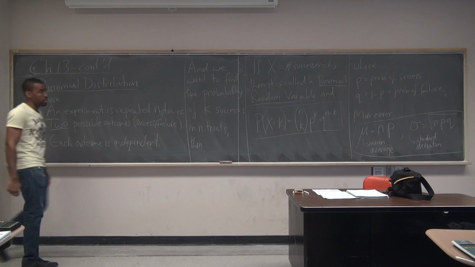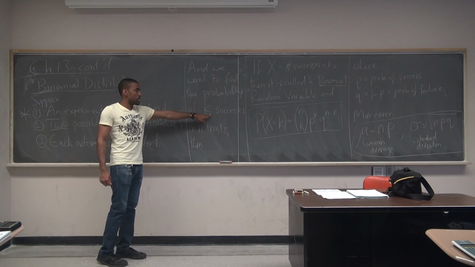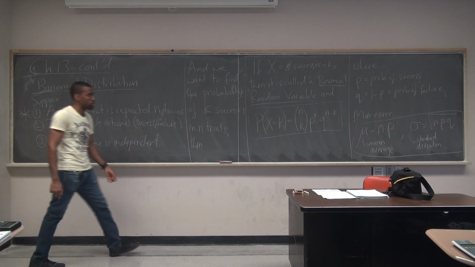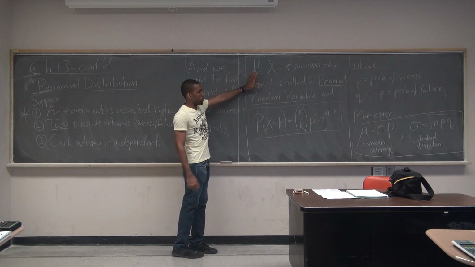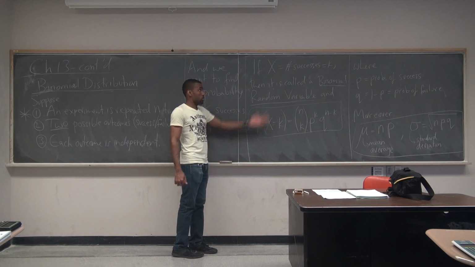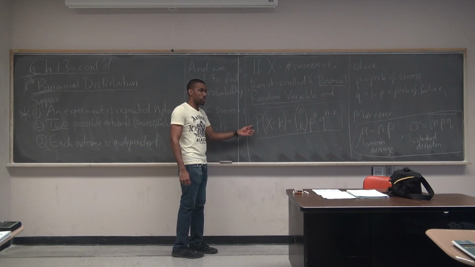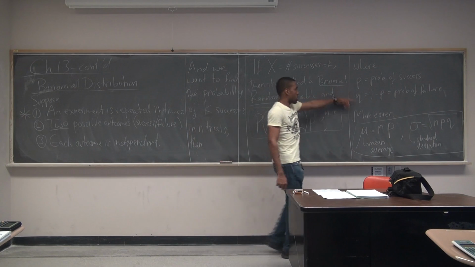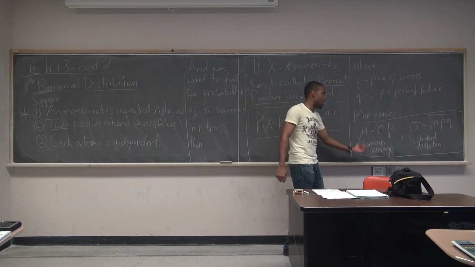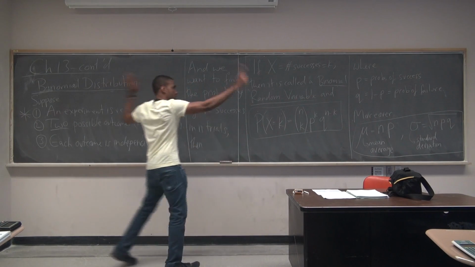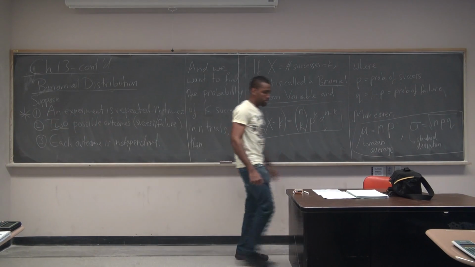Each outcome is independent. If you want to look for something to happen k times, you're looking for one of these two outcomes to happen a certain number of times, then you can describe it with a binomial random variable. It will be a discrete random variable, has a probability distribution, everything that we were talking about. This is the formula that gives us the probability. These are what all the pieces mean. And if we need to know the average or the standard deviation, these are the formulas that give it to us. So this you just need to know.